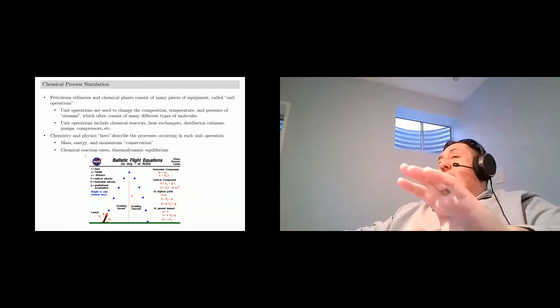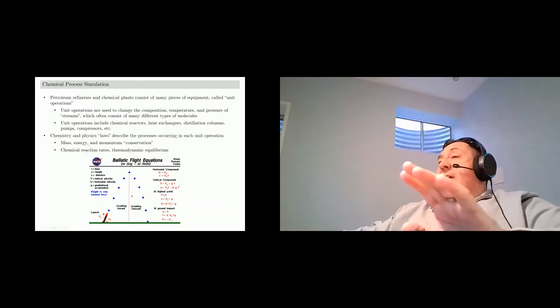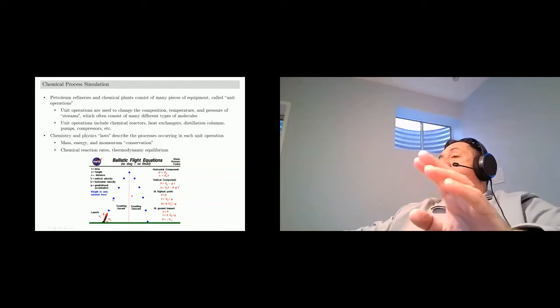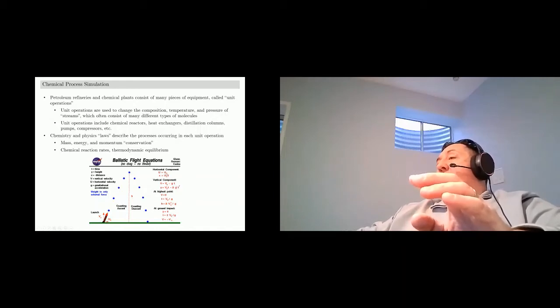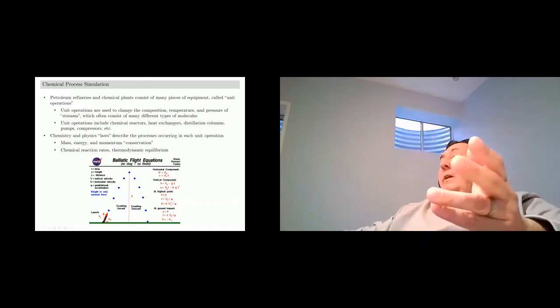If you think of these chemical and physical laws, as a very simple example, I could look at a ballistic trajectory. I could have a ball that's launched at some velocity and from some position, and I can write down on the right side here the equations that describe its motion.